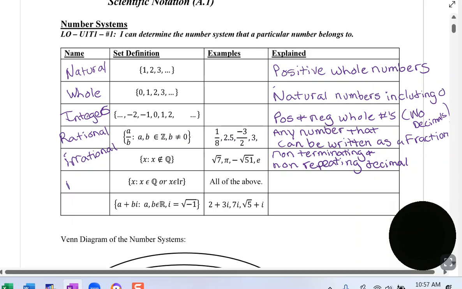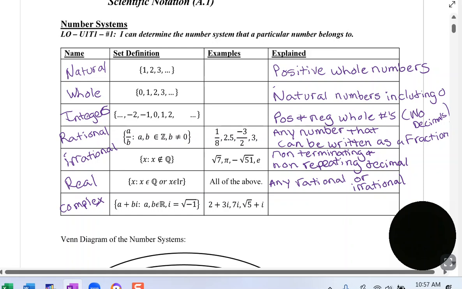All of the above are real numbers, right? All of the above are real numbers. Basically, a real number is any rational or irrational number. And then you have complex numbers.